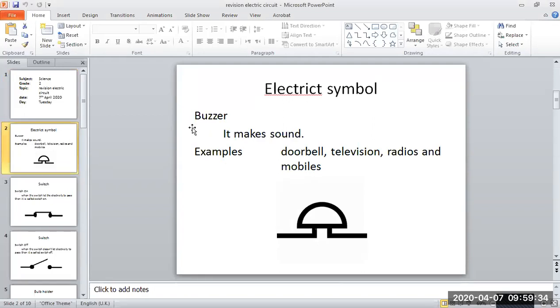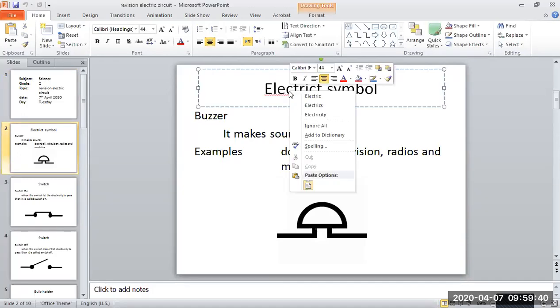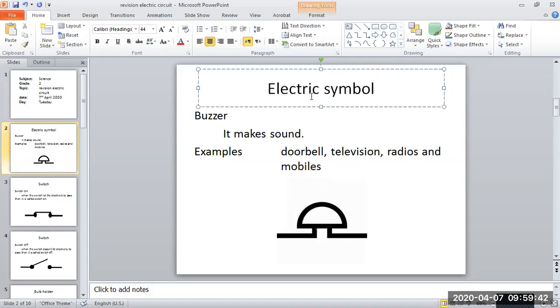Number one, buzzer. What is a buzzer? What does it make? For example, a buzzer makes sound. The main thing it does is make sound. For example, in your home you can hear sound from anywhere.